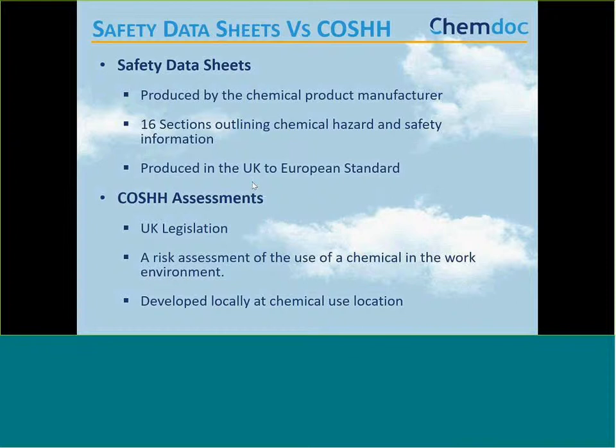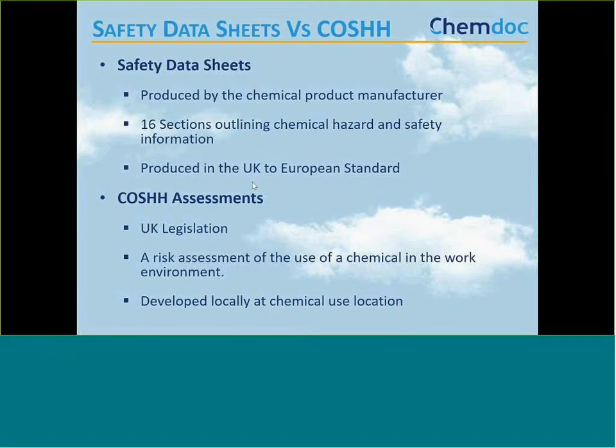A COSHH assessment is a risk assessment of how you use that chemical in your work environment. It's developed locally in each work environment by the employer or by the people that are using the chemical. It is separate from the safety data sheet, and it should be customized for your local environment.